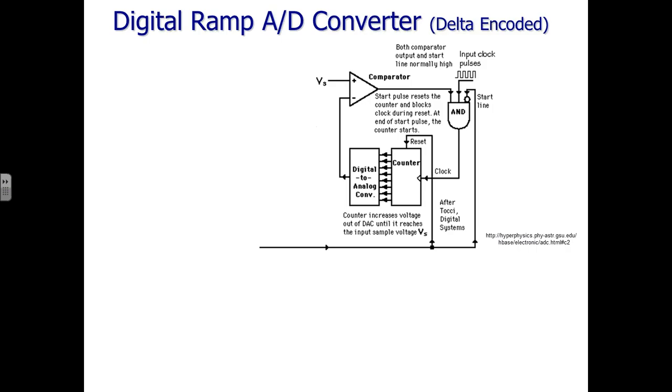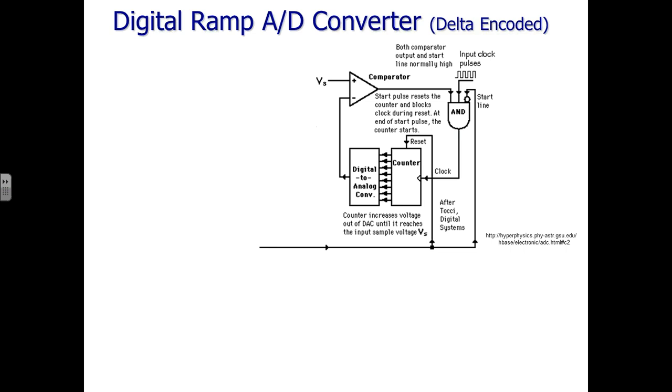Now, in terms of how this is done in hardware, how do A to D converters work internally? There are actually a number of different styles of A to D converters. You may have come across some of these already. A common kind is called the digital ramp A to D, or delta encoded A to D converter.